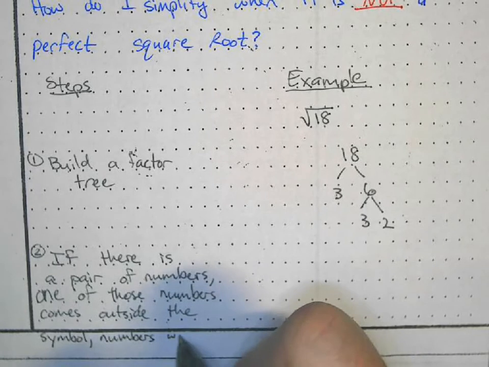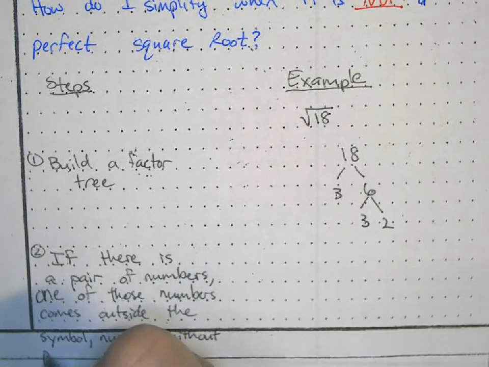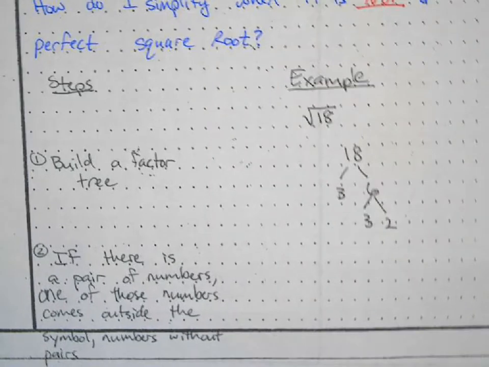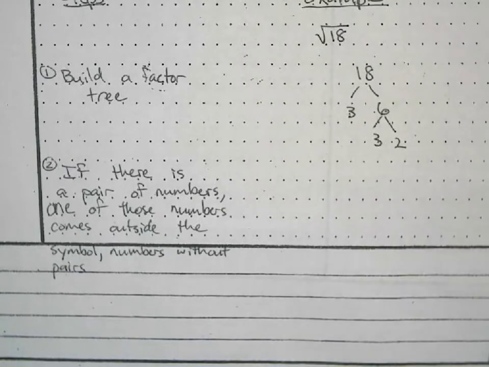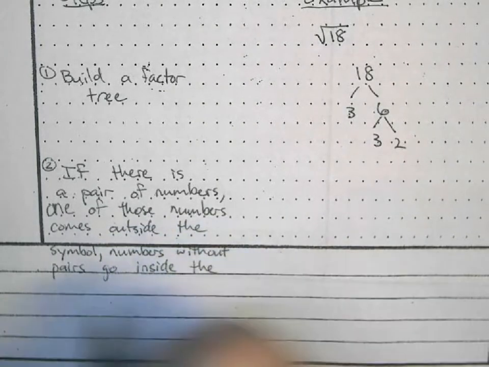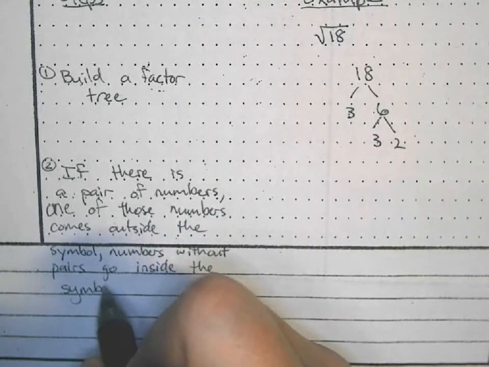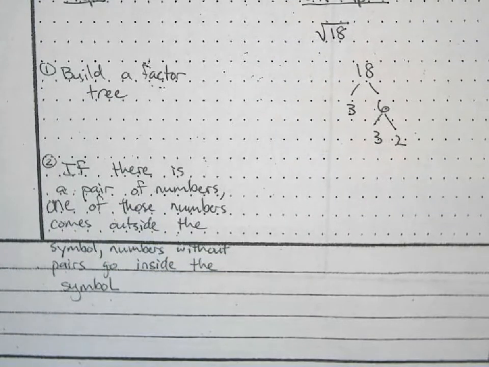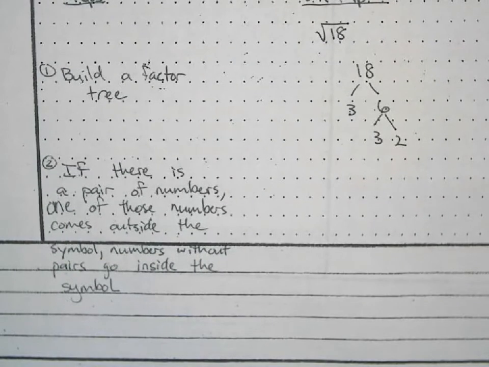Numbers without pairs go inside the symbol. Okay, so we need to make sure we have this completely written down. We read it a couple of times so we really understand it. If there is a pair of numbers, one of those numbers comes outside the symbol. Numbers without pairs go inside the symbol. And I'm talking about the square root symbol.